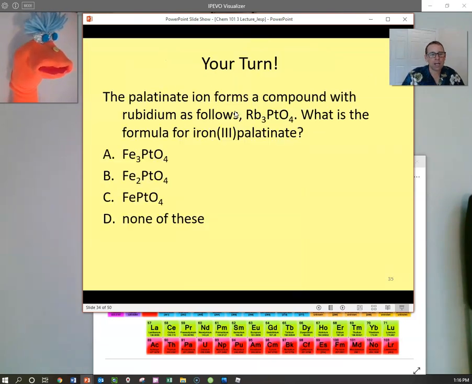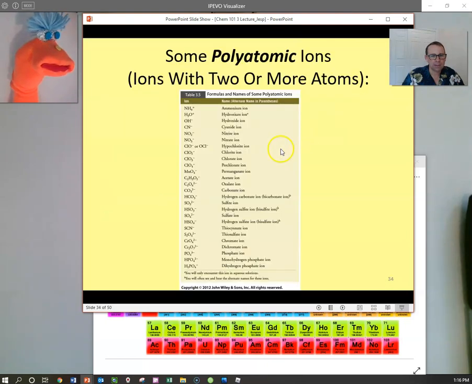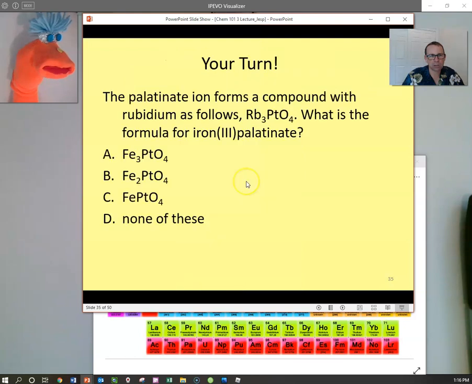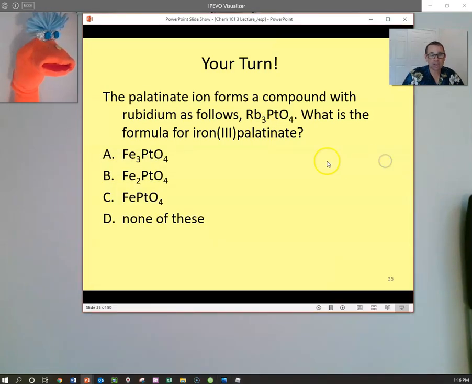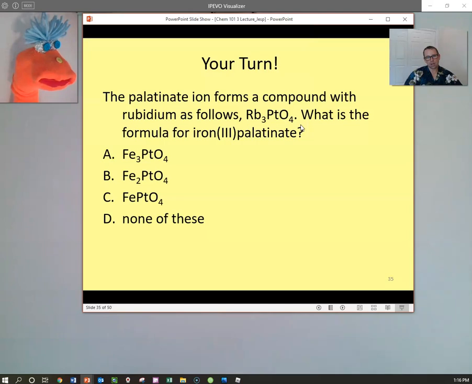In this case, PtO4, which they are calling the platinate ion, isn't on our chart. But we don't need it to be, because we can know information about it simply by the name of the compound and by looking at the combination of the ions in the compound.